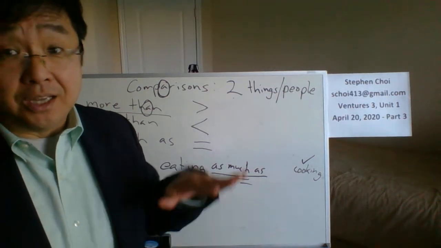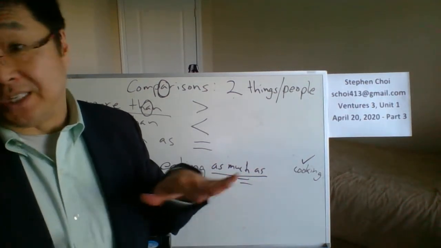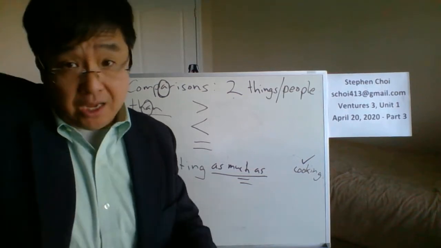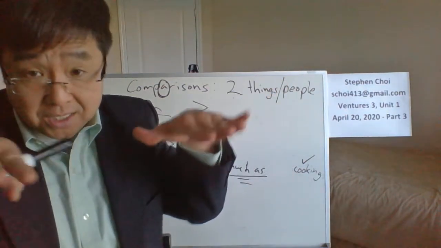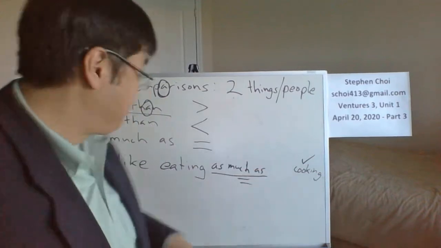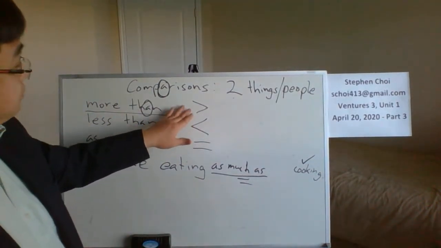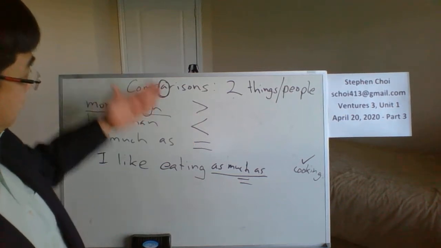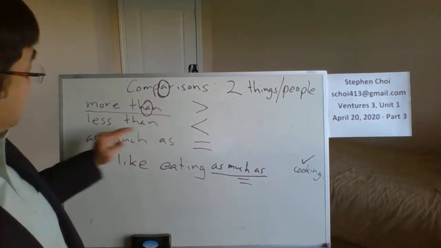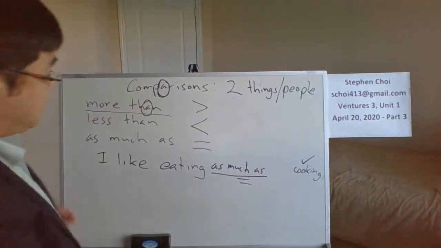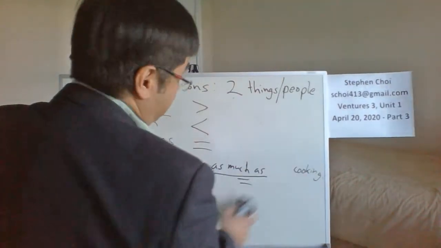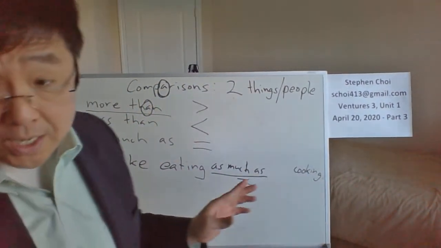They're equal. Eating and cooking for you is the same thing. There's not one that's more or less. It's the same, equal. So more than simply means the first one is what you like. Less than means the second one is what you like, and as much as, it means what?